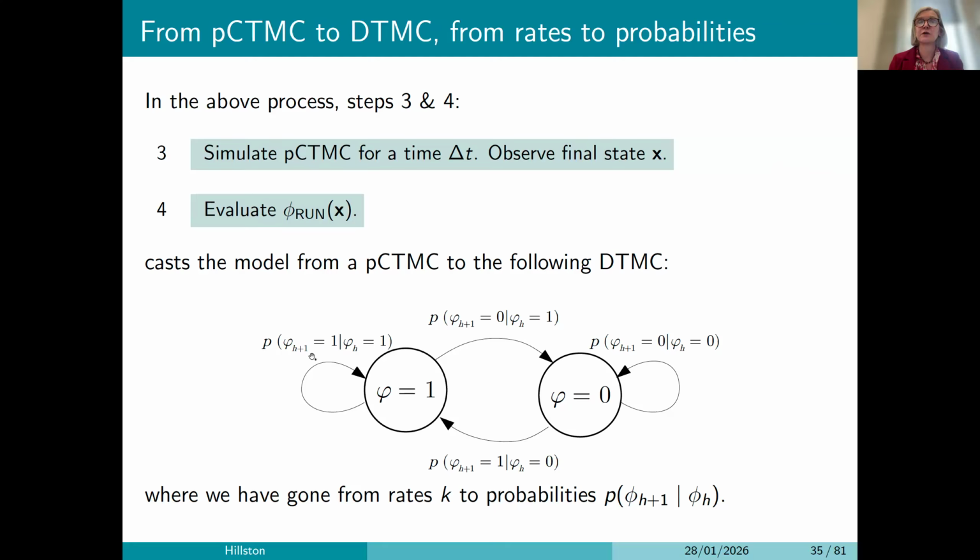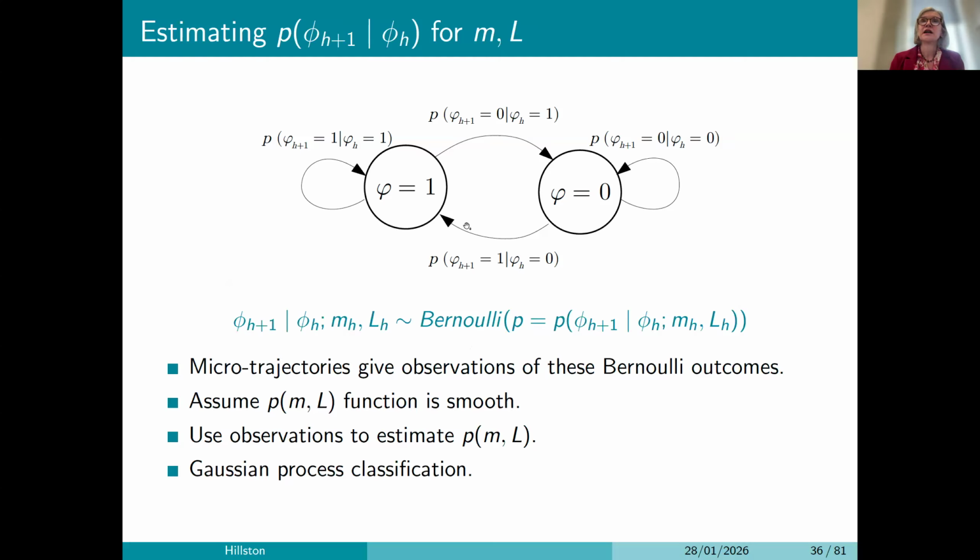So we need to estimate these probabilities of moving between the states. So we don't have those K that we had before that were directly based on L and M. We have instead these probabilities. And we need to then get those, as I say, as a Bernoulli trial essentially on the values of M and H at a particular time step. So the micro-trajectories give us observations for these Bernoulli outcomes.